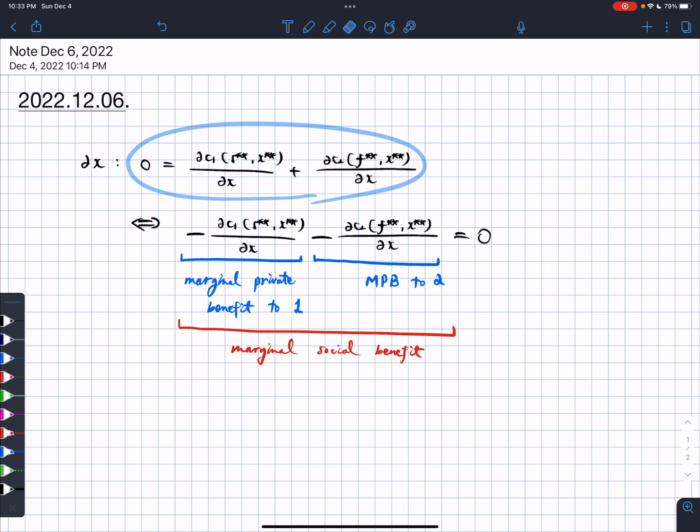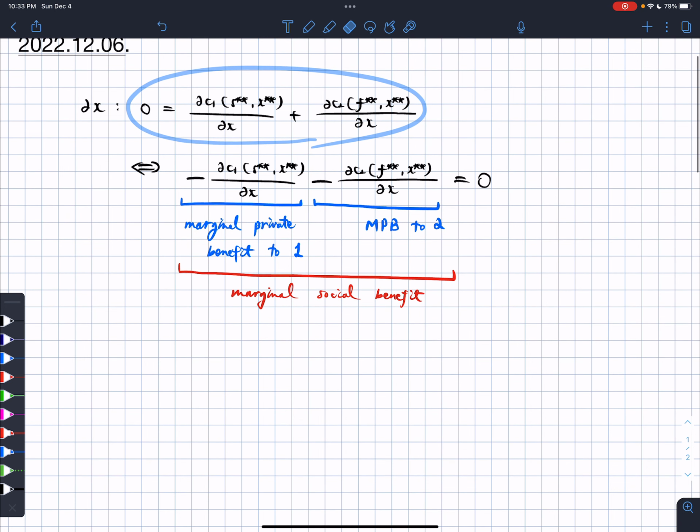All right. So I may try to rewrite this even further. On the left, I will keep only this term and move this guy to the right-hand side.